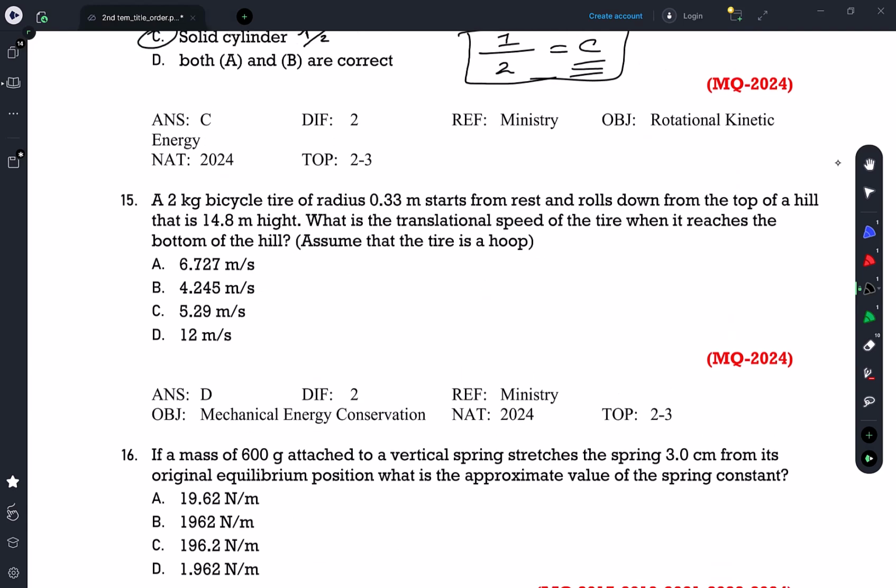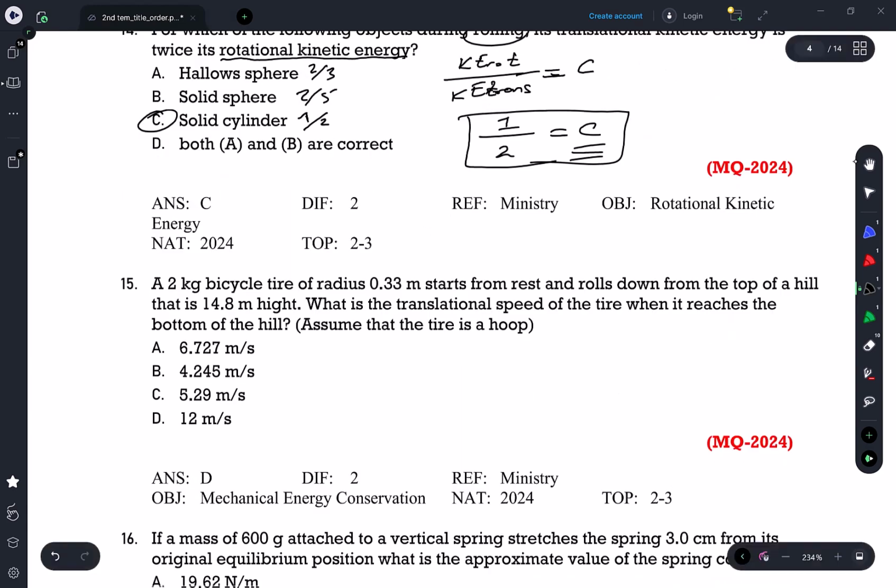Question number 15. A 2 kilogram bicycle tire of radius 0.33 meters starts from rest and rolls down from the top of a hill that is 14.8 meters high. What is the translational speed of the tire when it reaches the bottom of the hill? So we can use the hack equation.